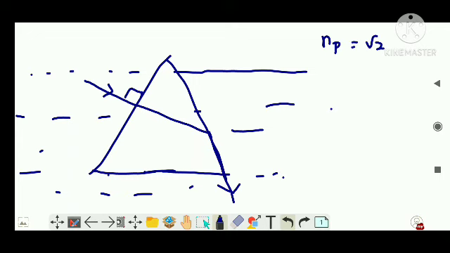Now how would you find it, and you are told the angle of the prism, let's say, is 60 degree. This is the type of question you have been given. Guys, how would you solve this problem? I have written the angle of the prism is 60 degrees. It's an equilateral prism.